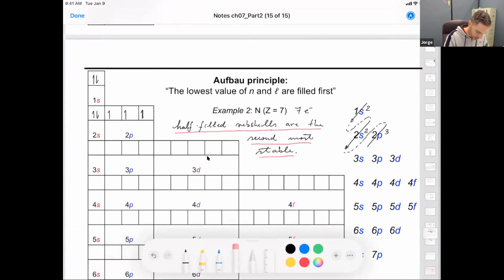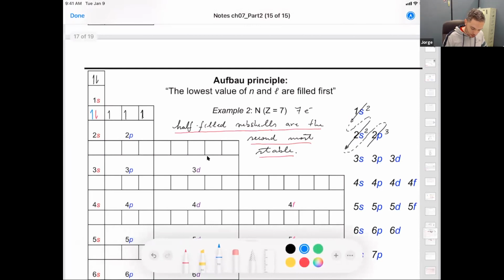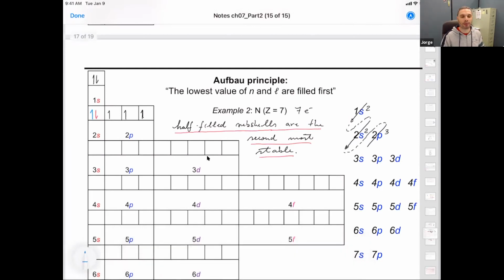So for convenience, let me change colors here. So let's draw a blue electron up and a red electron pointing down. Let's determine all four quantum numbers for the blue electron and for the red electron, starting from the blue.